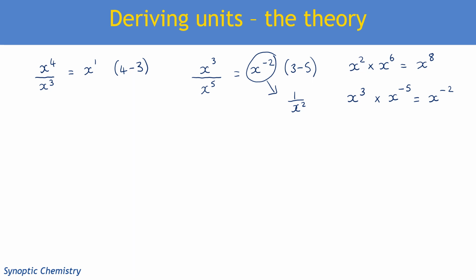Okay, let's take it away from x and try and apply this to a bit of chemistry, in particular Kc and Kp. So if we had a chemical equation, I'm going to make one up. 2A plus B makes C plus 3D. There we go.